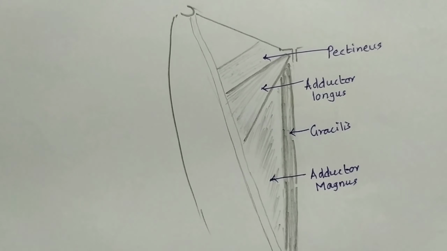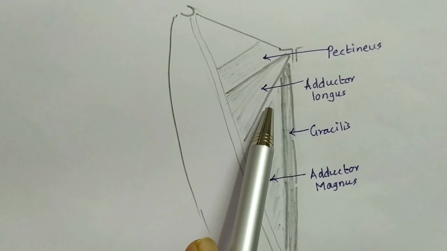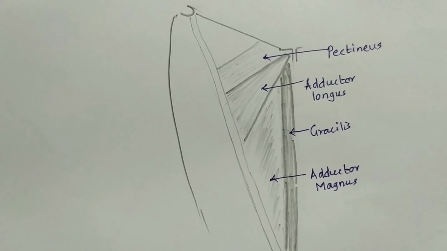The adductor part is supplied by posterior division of obturator nerve, while the ischial part is supplied by tibial component of sciatic nerve. The adductor brevis is a short muscle and it lies in between adductor longus and adductor magnus. It is either supplied by anterior division or by the posterior division of obturator nerve.